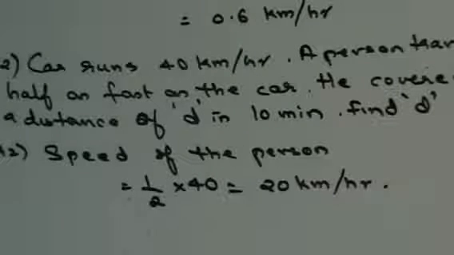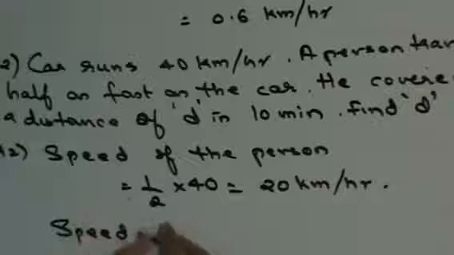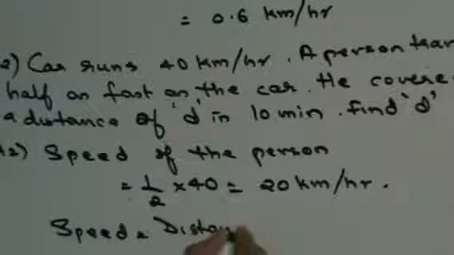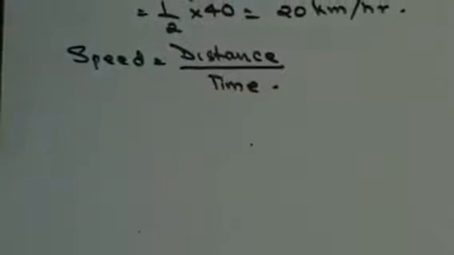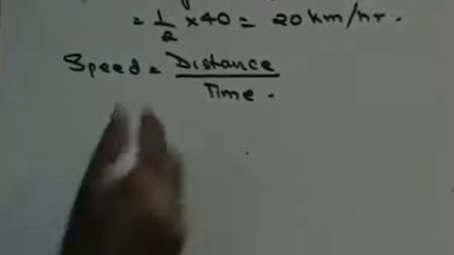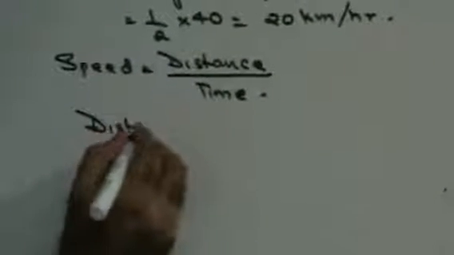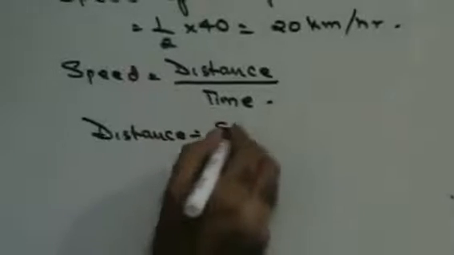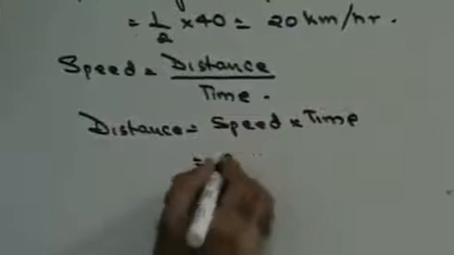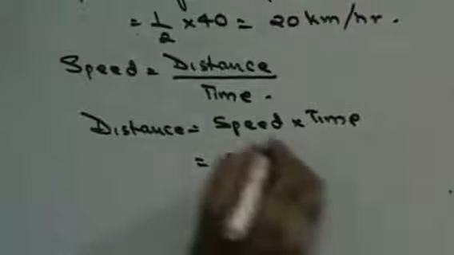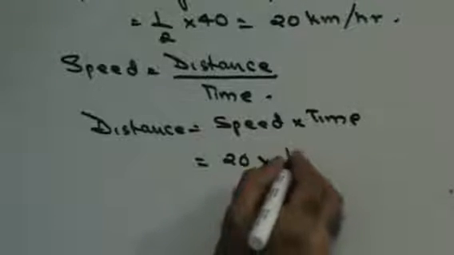They give you the time. We know that speed is equal to distance upon time. They've asked you to find out the distance. So distance is going to be equal to speed into time. Speed is 20. Time is given to you as 10 minutes.